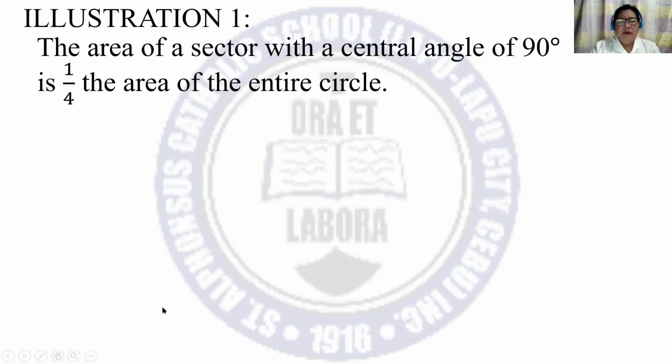Let us have the first illustration. The area of a sector with a central angle of 90 degrees is 1/4 the area of the entire circle. So in this figure, you have the shaded part, which is equivalent to 90 degrees or 1/4 of the area of the entire circle.